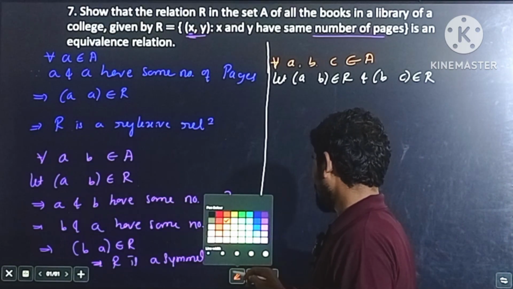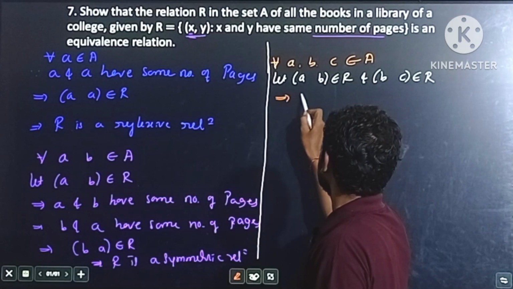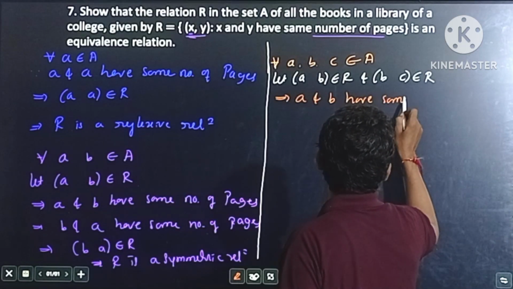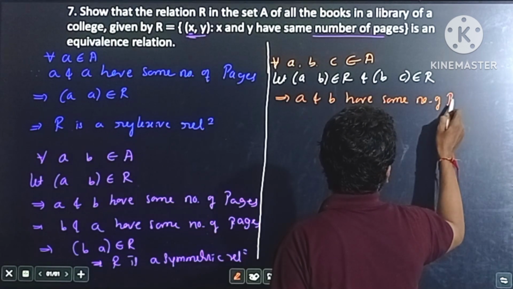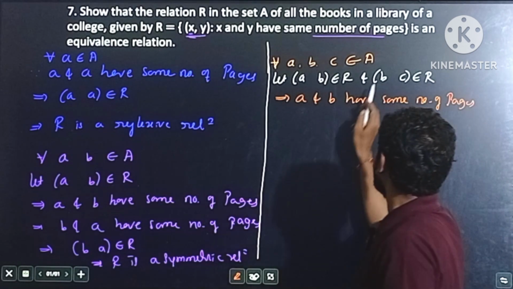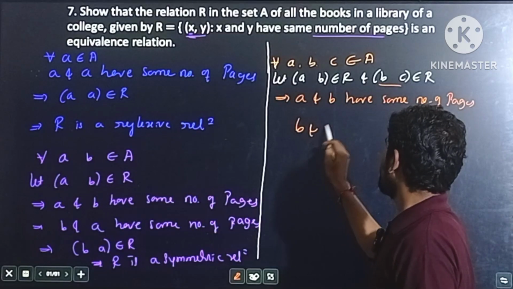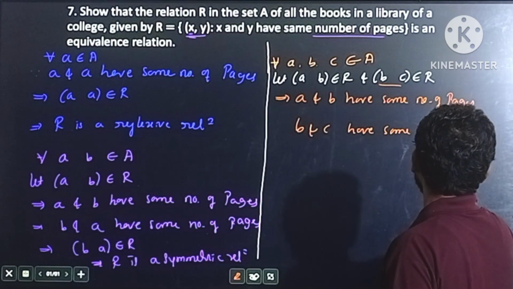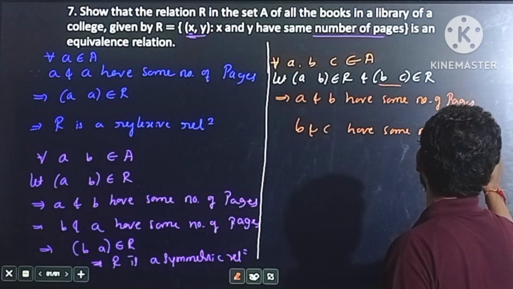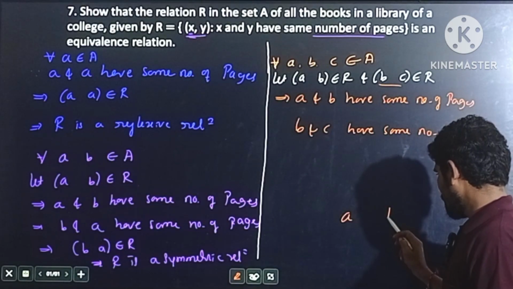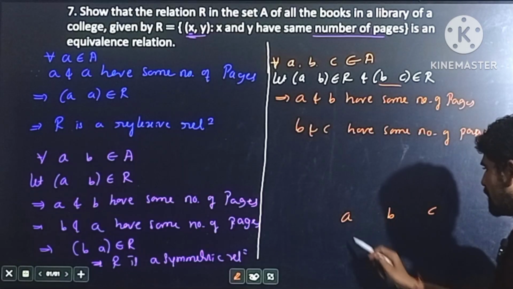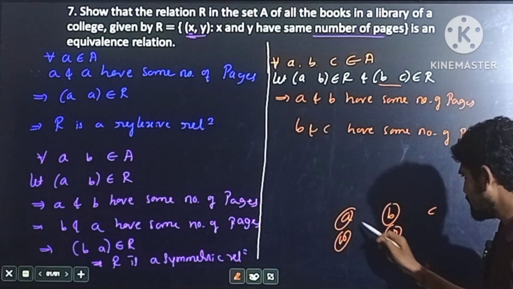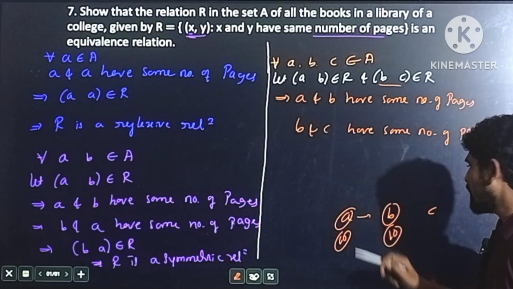Here we considered (a, b) belonging to R, which means the books a and b have the same number of pages, and (b, c) belonging to R means b and c have the same number of pages. For example, a is one book, b is another book, and c is another book. Suppose book a consists of 10 pages and book b consists of 10 pages, because we considered a and b have the same number of pages.